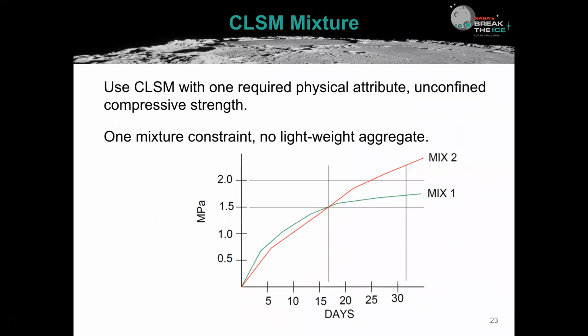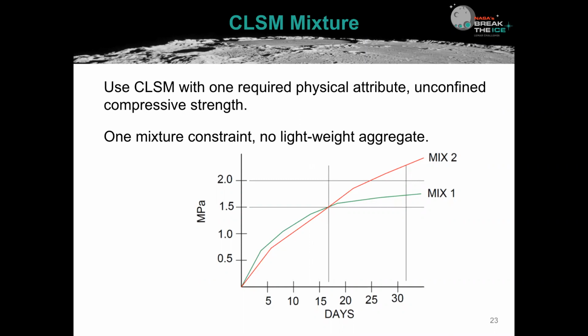So CLSM, and we've given you the ACI report, which provides a lot of good background information on this material. We've only defined one physical attribute, and that's the unconfined compressive strength. That's what every team needs to meet, no matter where you are geologically around the country. So we want the strength of the material to be challenging.